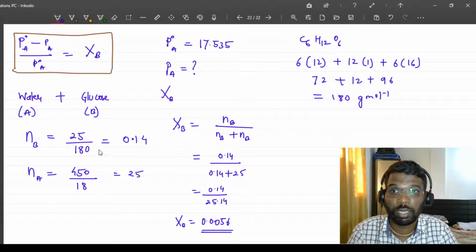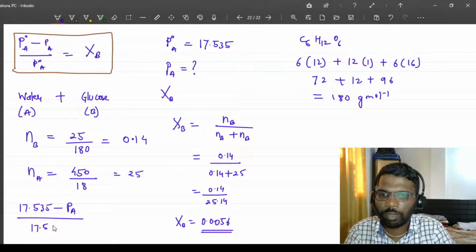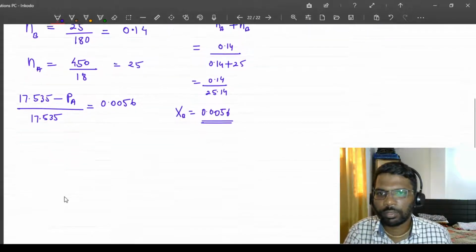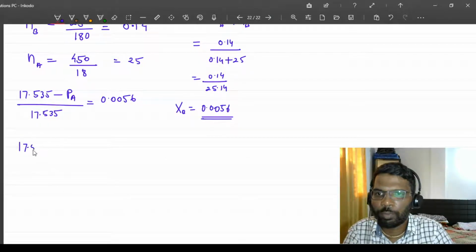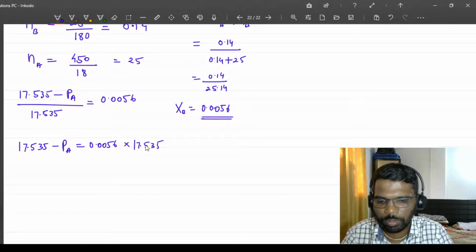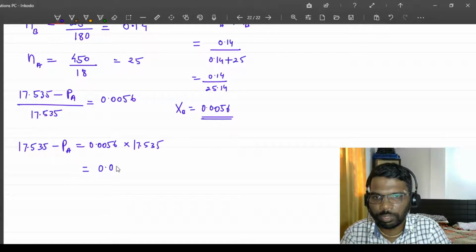So we know that 17.535 minus PA, which is what we don't know, divided by 17.535, is equal to the mole fraction of B, which is 0.0056. Therefore, 17.535 minus PA will be equal to 0.0056 multiplied by 17.535. This answer is 0.098.